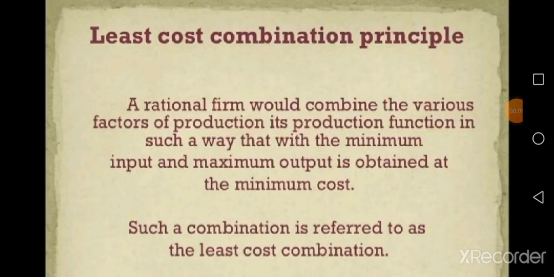Least cost combination principle: a rational firm would combine the various factors of production in its production function in such a way that maximum output is obtained with minimum input at the minimum cost. Such a combination is referred to as the least cost combination.